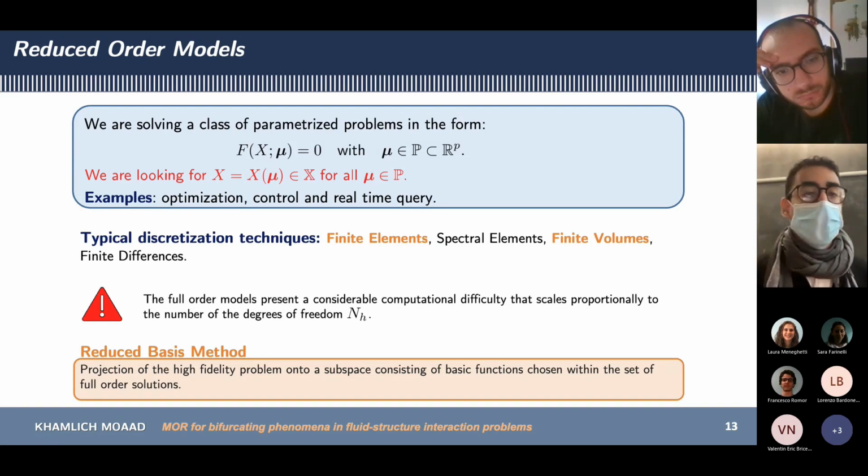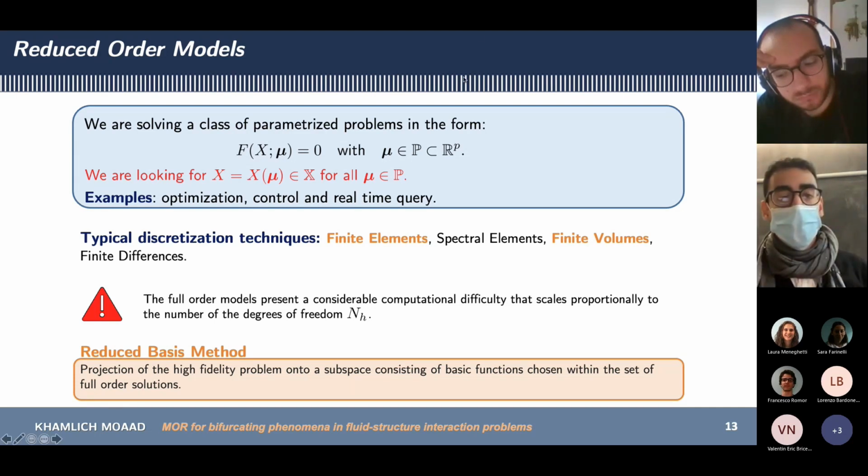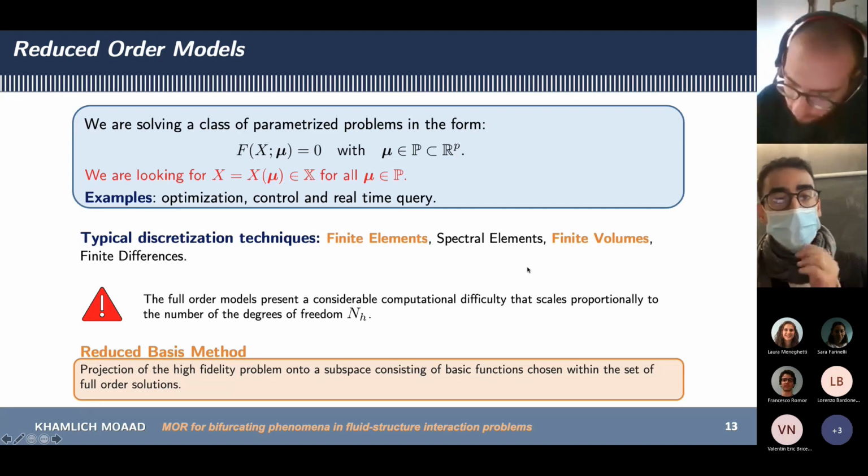And the thing about all those discretizations is that they usually scale proportionally to the number of the degrees of freedom. In the case of finite elements, this is strongly linked to the dimensionality of the space on which we are projecting the equation.